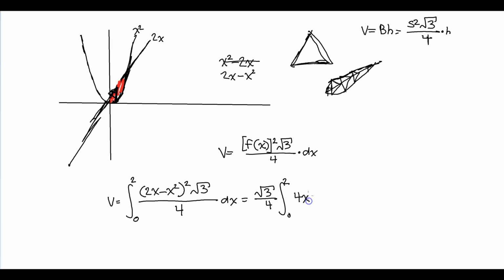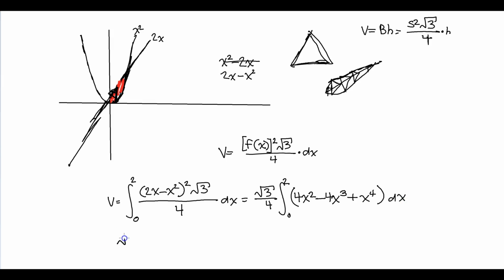So we have 4x squared minus 4x cubed plus x to the 4th dx. And now this is not that difficult to integrate.